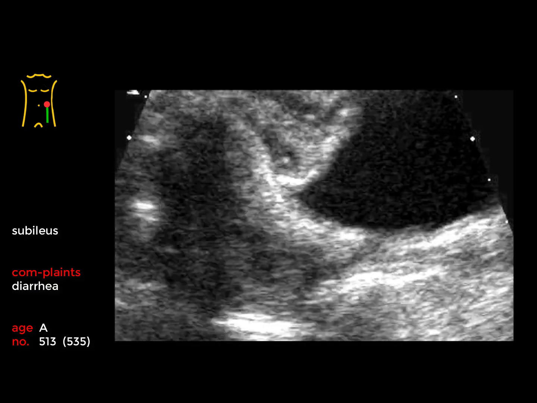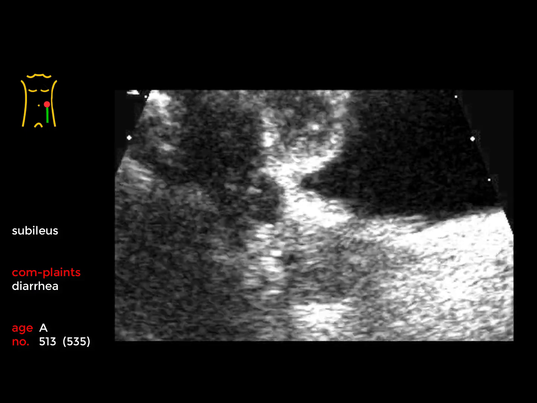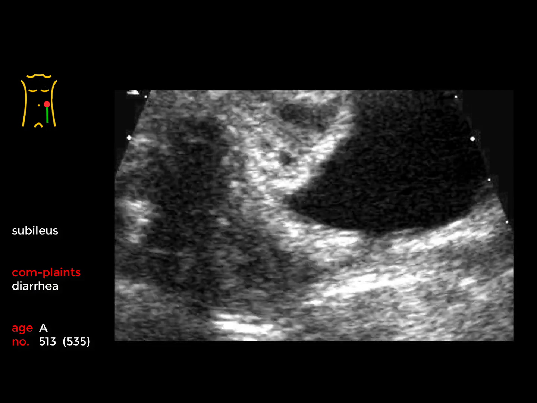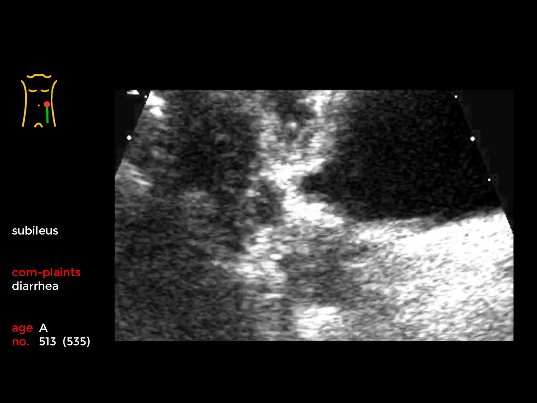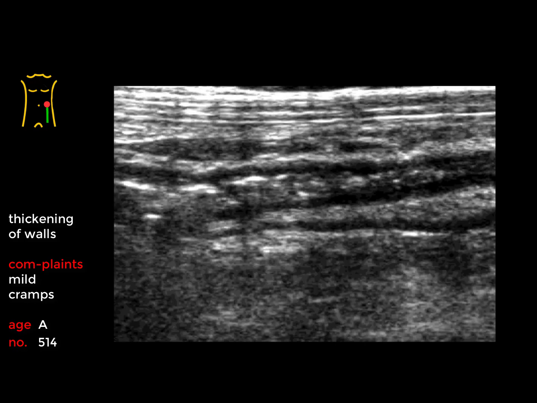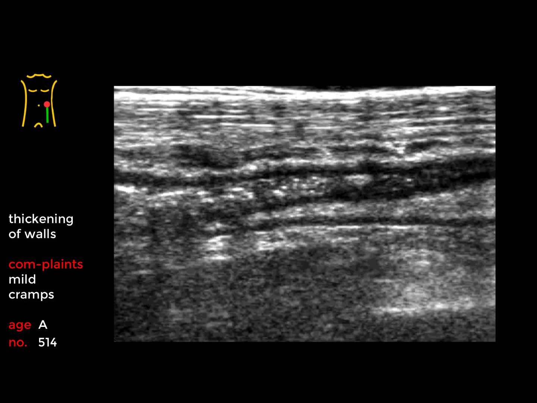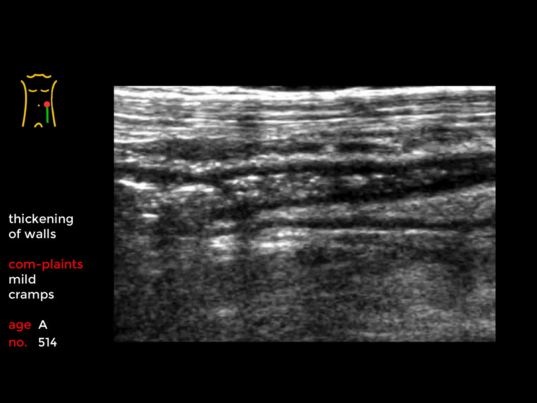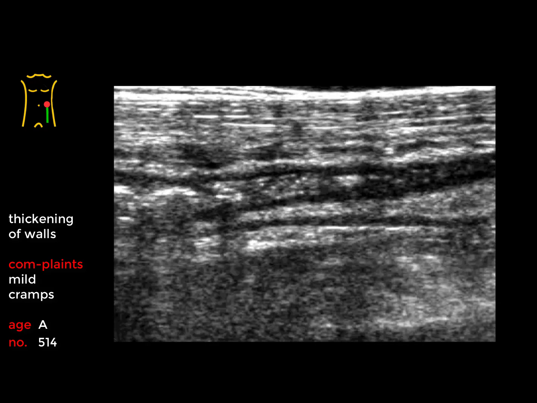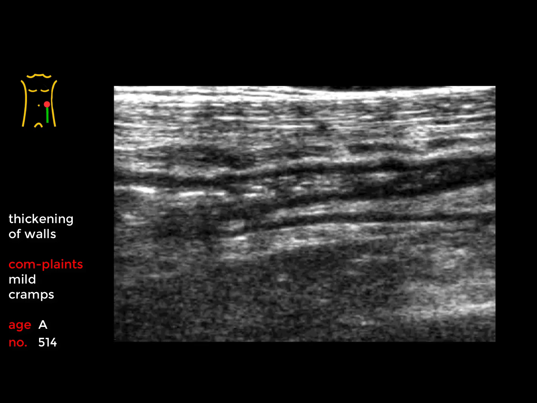A similar feature originated in 513 from small intestine involvement in colonic diverticulitis.